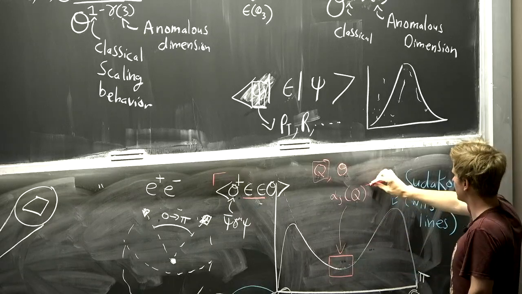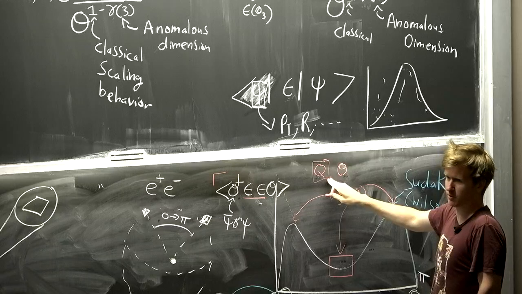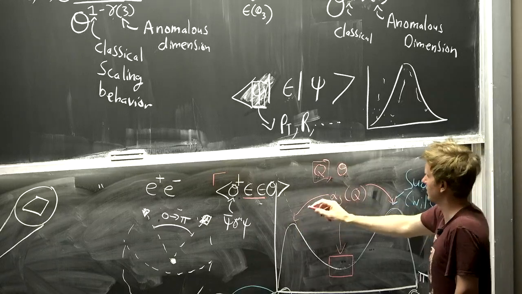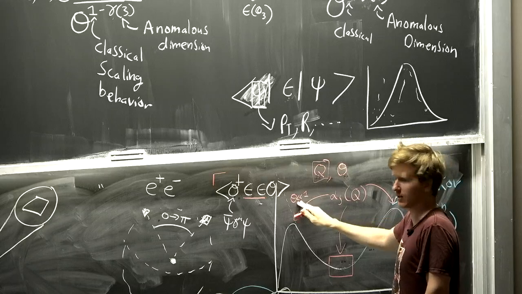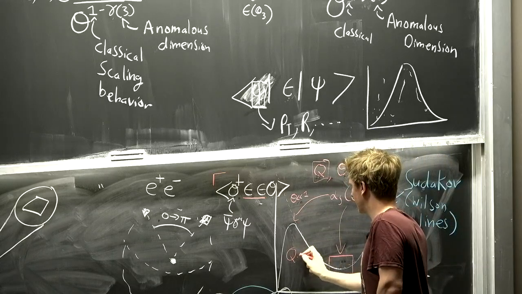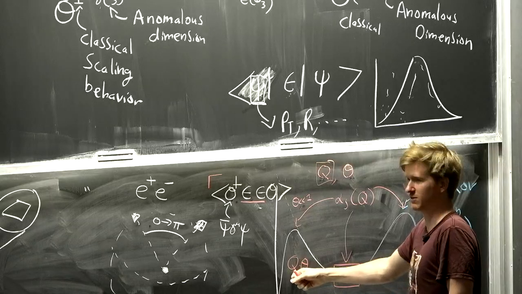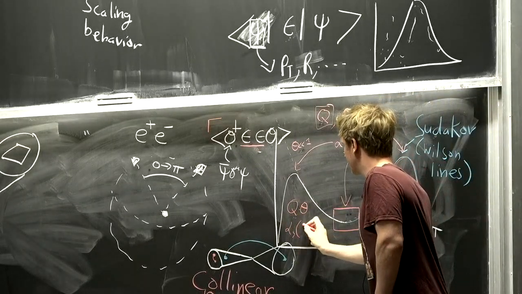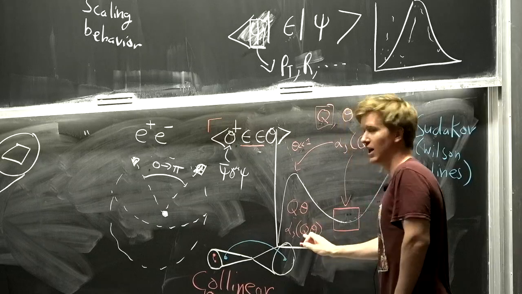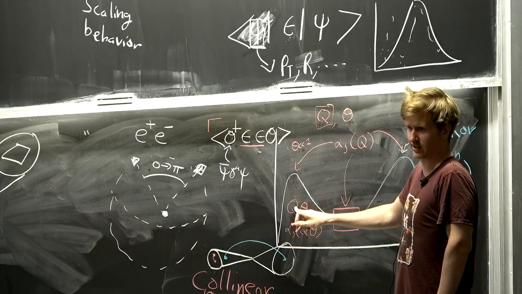As you move to either of these two sides, you get a small number in your problem. As you go to this side, theta becomes small, and you develop another scale, which is Q times theta. As long as you have a new scale in your problem, you have dynamics at that scale. So you're probing your theory essentially at the scale Q times theta, and that's why you're sensitive to confinement: you're naturally probing this low scale.